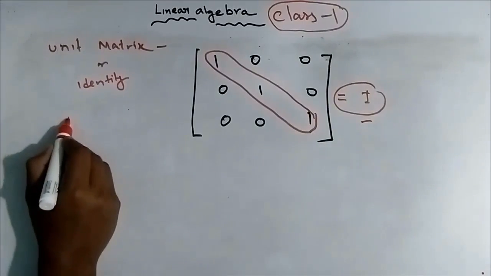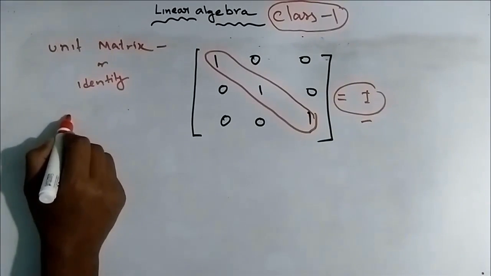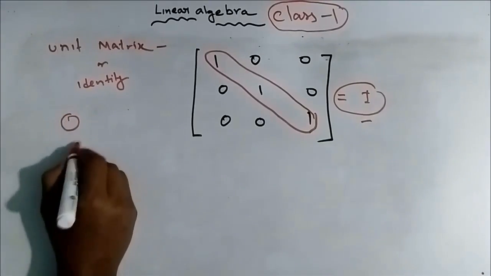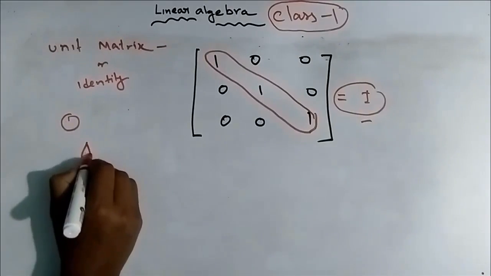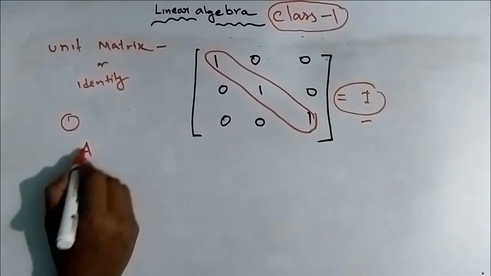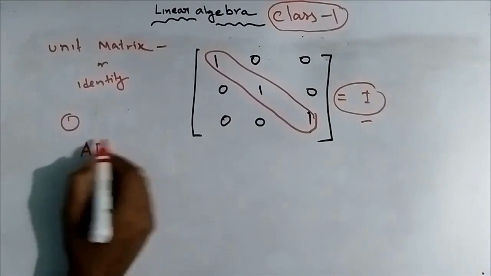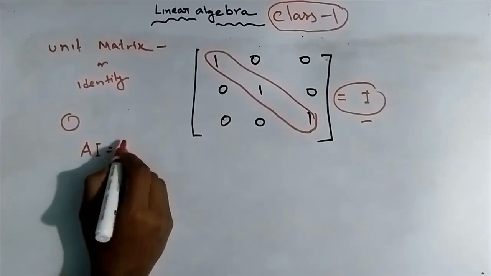So the first property is, if we multiply any matrix A with the identity matrix I, it will give the same matrix. Okay, it can also be written as IA.